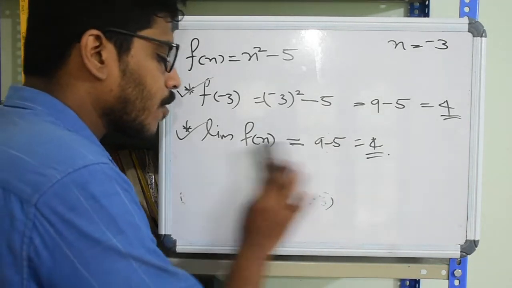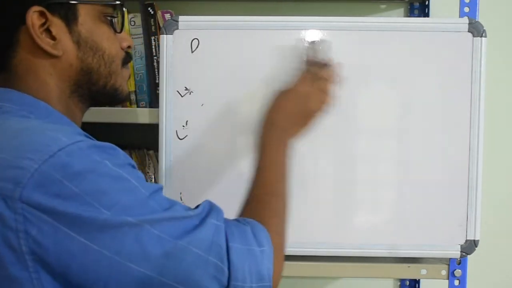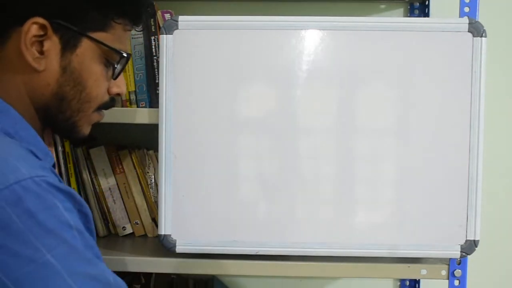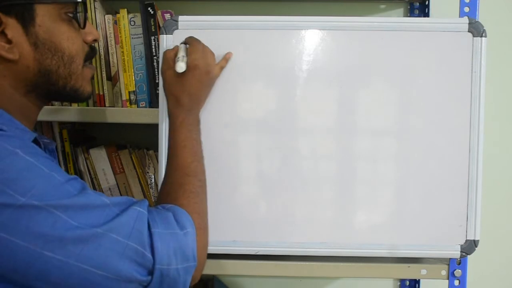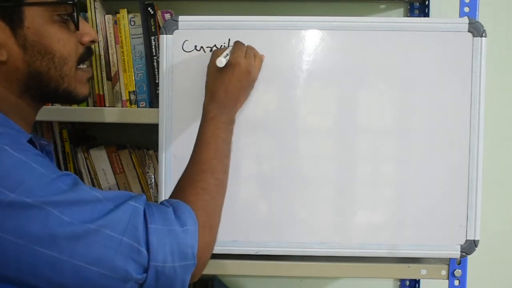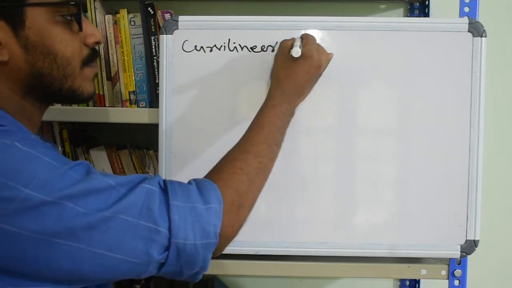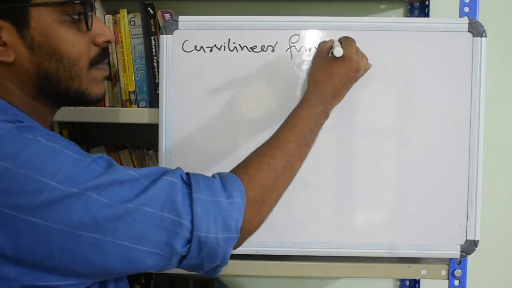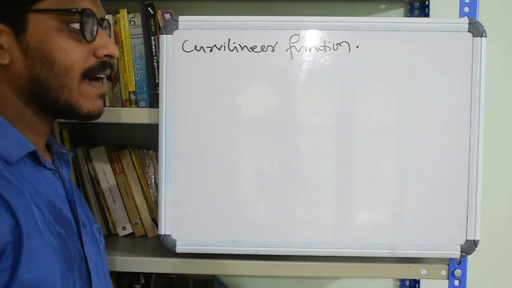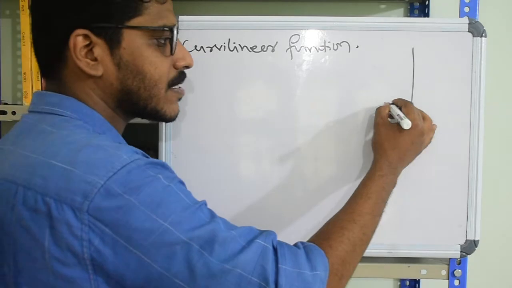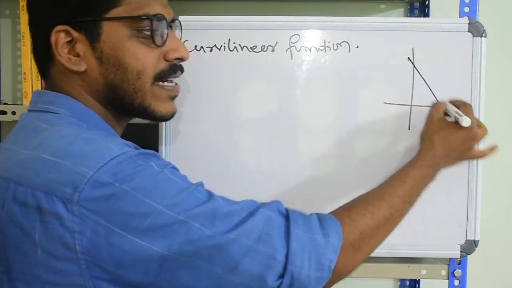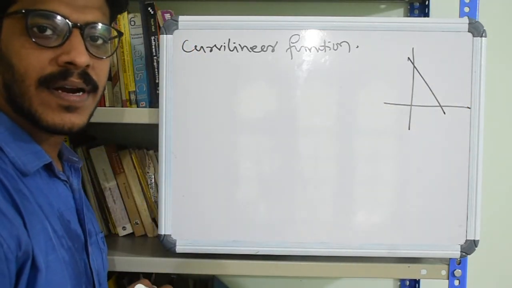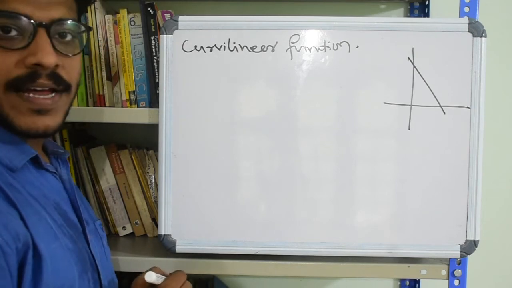Now about the slope of a curvilinear function. So what is a curvilinear function, or simply a curve? We have seen functions and we have evaluated the slopes of linear functions. How did we do that?